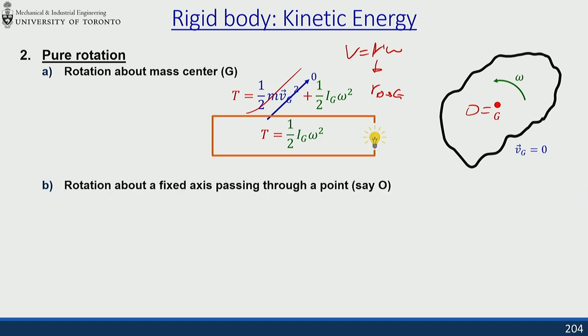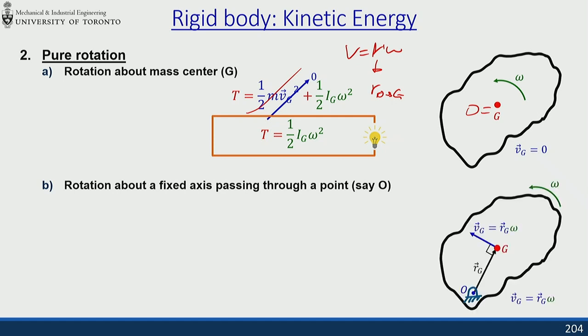The third case is, this is actually quite popular when you have some kind of rod fixed on one end. So it's kind of like a fixed axis rotation, but it's not fixed with respect to its own gravitational center. So now O is no longer directly on top of G. Now when that happens, you basically have both vg and also Ig omega. So both terms are not 0.